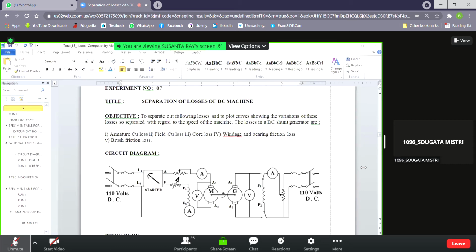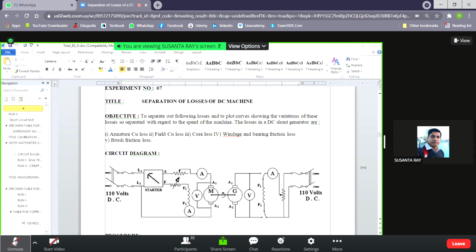Sir, I think it is between the bearing and the armature shaft. Correct. Armature shaft only, because at the two ends you have the bearings through which the shaft goes, isn't it? So that means bearing friction is between the rotor shaft and the bearing.